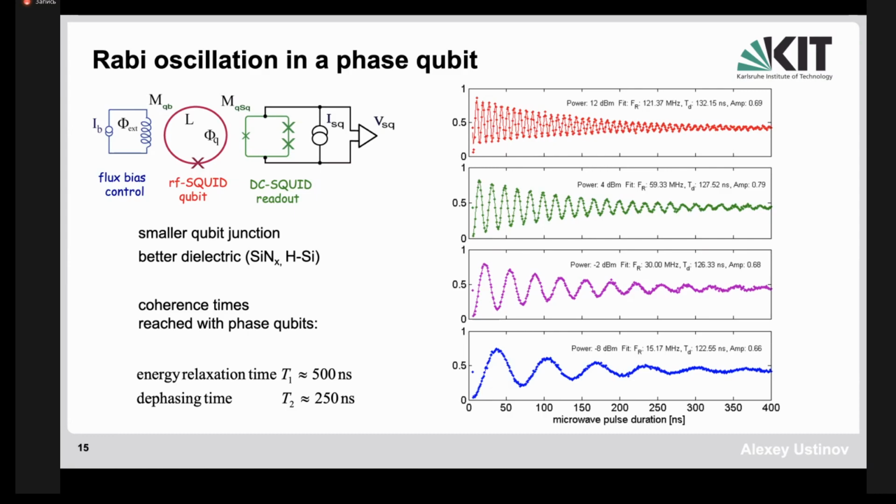These are so-called Ramsey oscillations. If you don't remember this from atomic physics, please refresh it. I will explain again, but I recommend that. And if you want compensation for low frequency noise, then you use the so-called echo technique, where you use refocusing pi pulses between the two pi over 2 pulses.